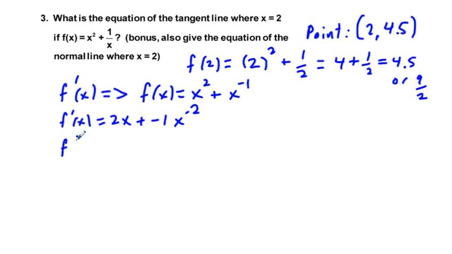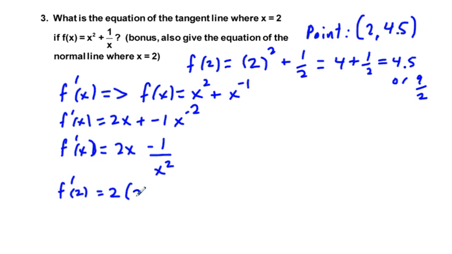So f prime of x is going to be 2x minus 1 over x squared. And now we can plug in this 2, f prime of 2 is equal to 2 times 2 minus 1 over 2 squared. So we're going to have 4 minus 1/4.